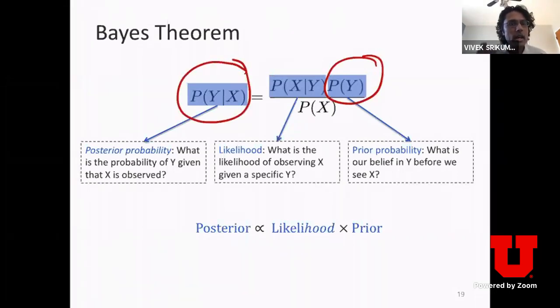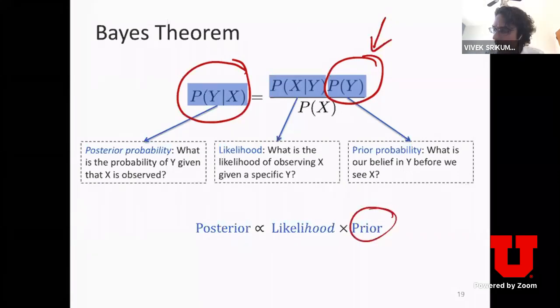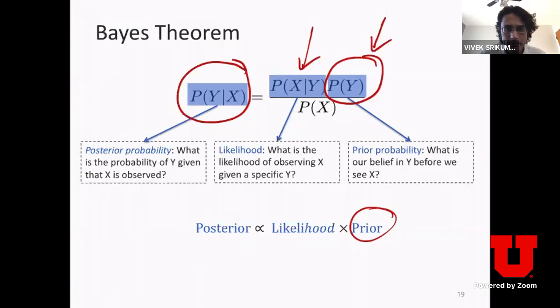The Bayes theorem says, after making an observation on X, the distribution over Y changes in proportion to what you originally believed about Y, that's the prior, and how much X is influenced by Y. That's your likelihood.